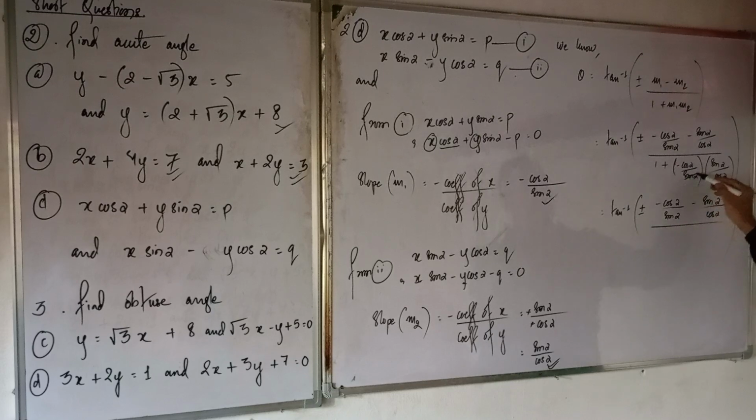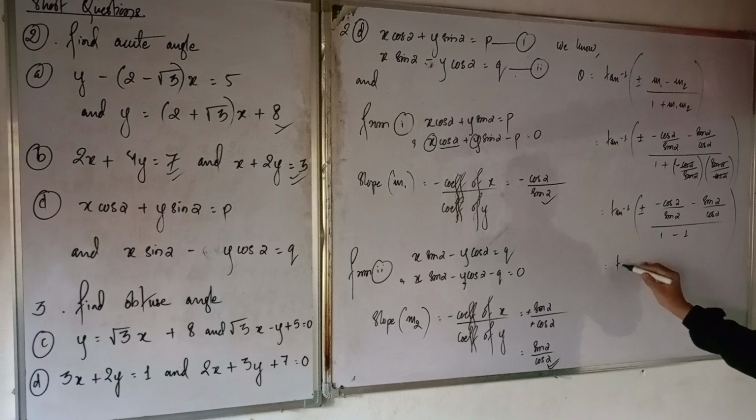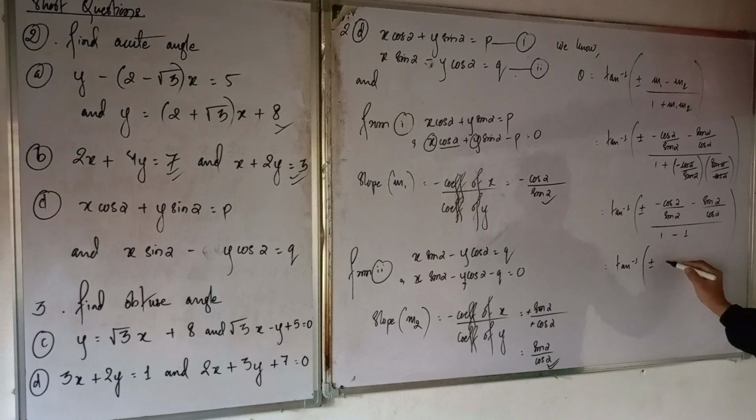Sin alpha you can cancel here, and cos alpha you can cancel there, and the remaining from this will be minus 1. So this will be tan inverse of plus minus cos alpha by sin alpha minus sin alpha by cos alpha.